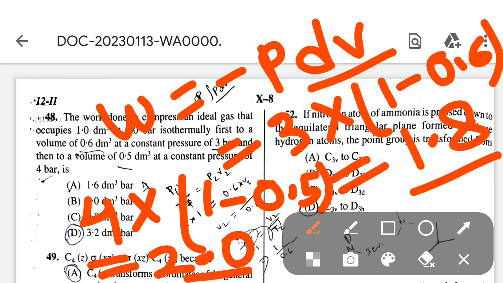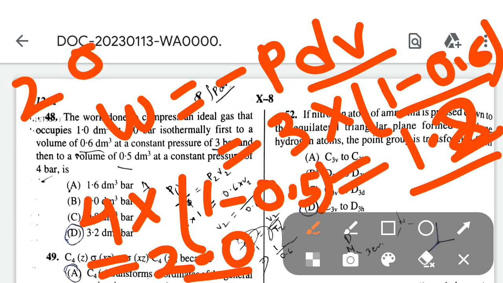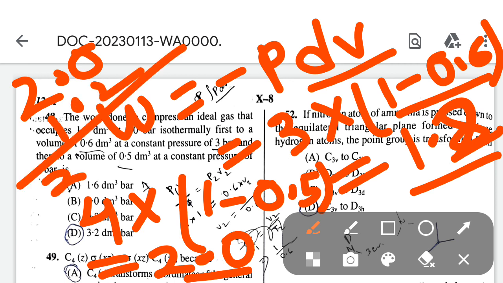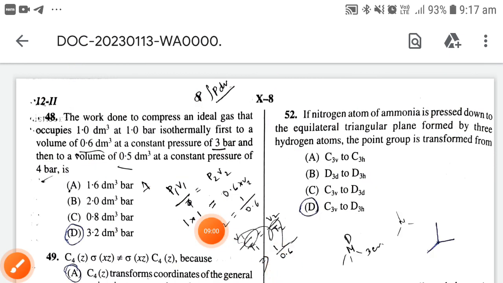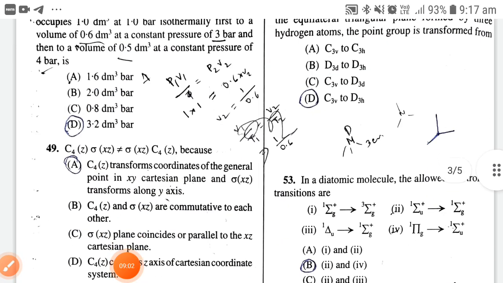Sorry, here I made some mistake. This value is 1.2, here 0.4, and so if we add this value to 1.2, then we get 3.2. So here the correct option is option D.